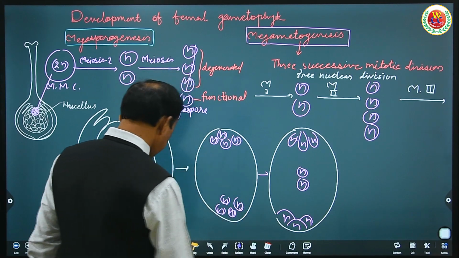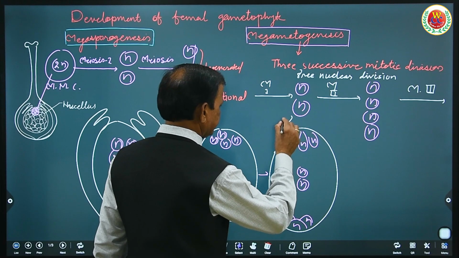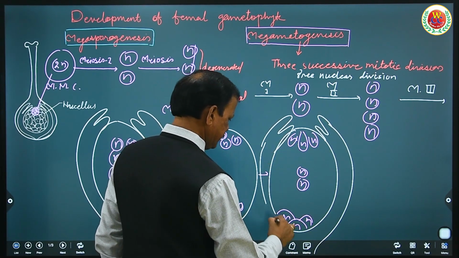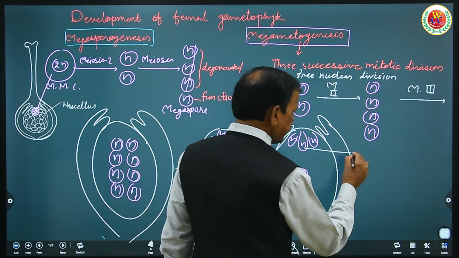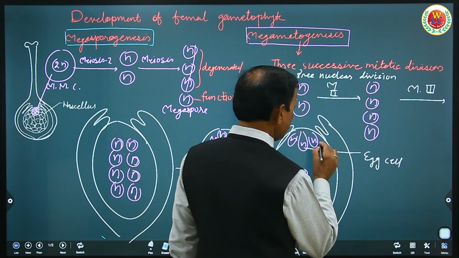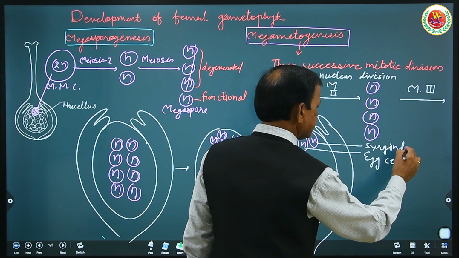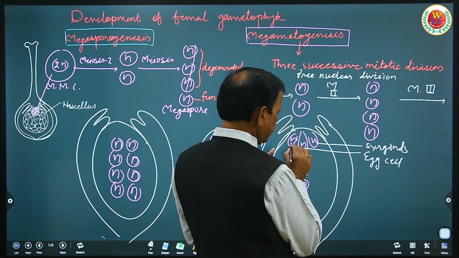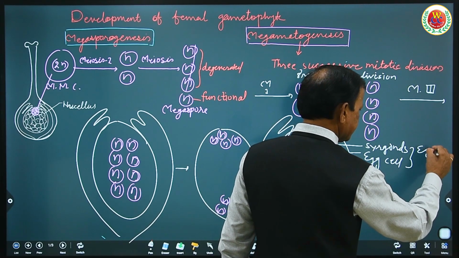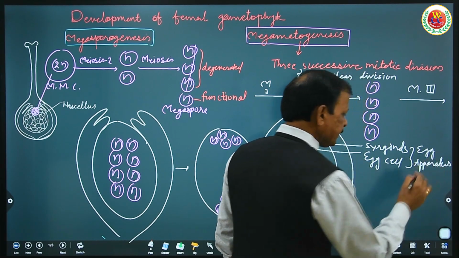Now those towards the micropylar end, this is the micropylar end. One is called the egg cell, and these 2 are called synergids, and these 3 together are called the egg apparatus.